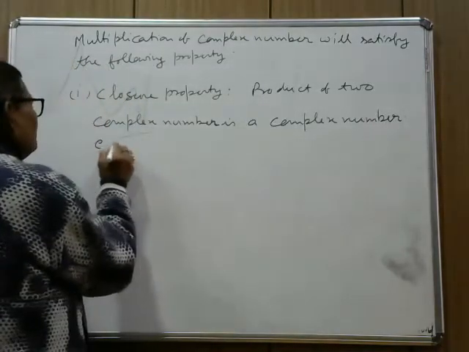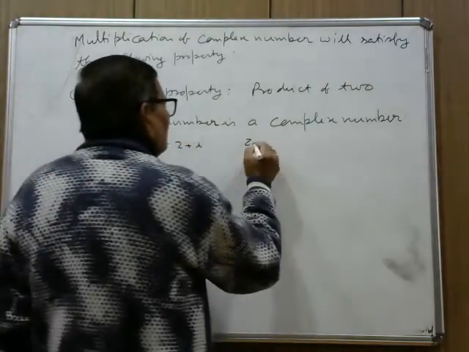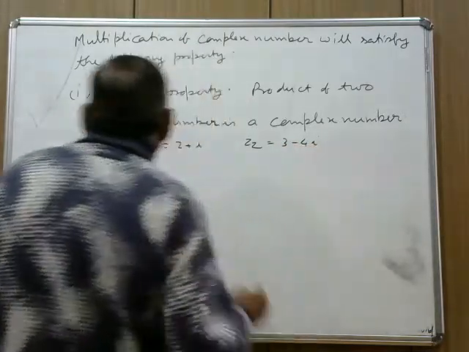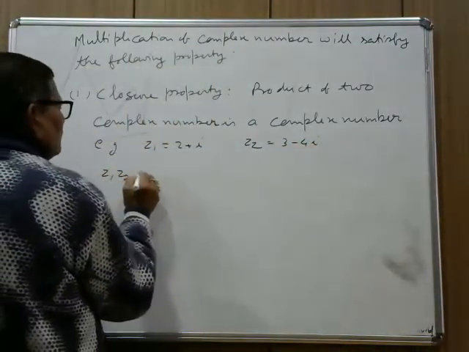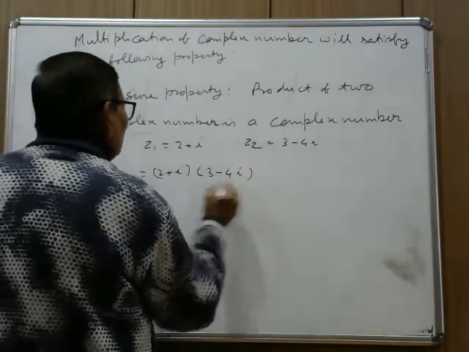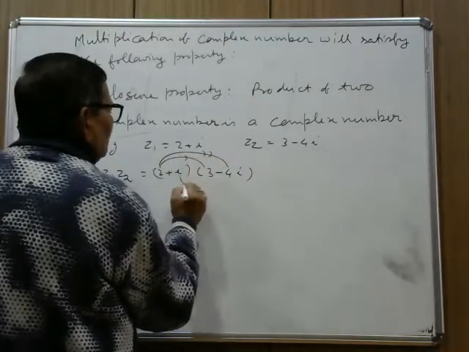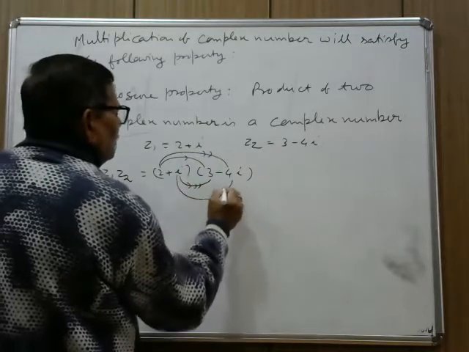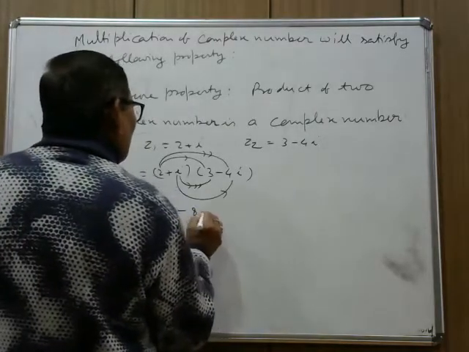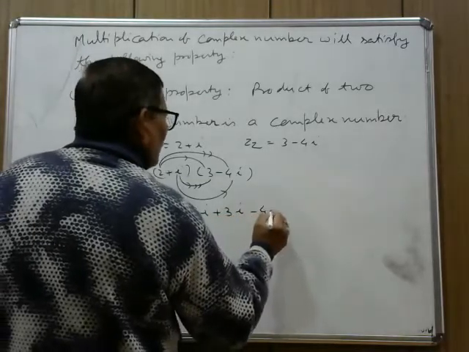For example, Z1 equals 2 plus i and Z2 equals 3 minus 4i. Your product Z1 Z2 is equal to 2 plus i multiplied by 3 minus 4i: 2 into 3, 2 into minus 4i, then i into 3, then i into minus 4i. So 2 times 3 is 6, minus 8i plus 3i, minus 4i square.